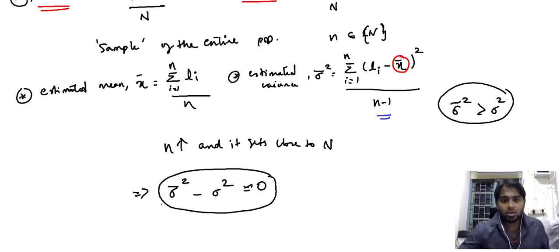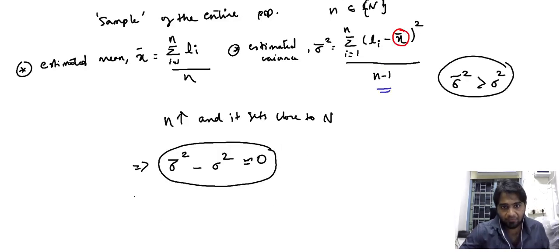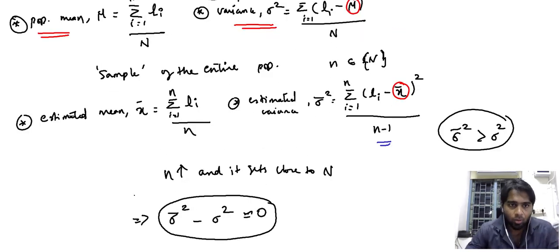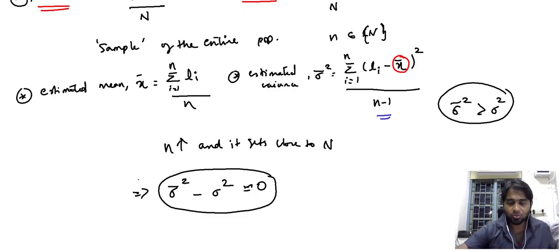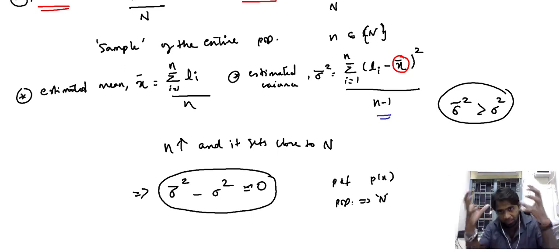Now, even though we understand the mean and the variance, when you look closely at all these estimations, we are not calculating the mean and the variance from the PDF. That is, we are not calculating it from the function, but from the population, the values assumed by the population and the total number of the population.